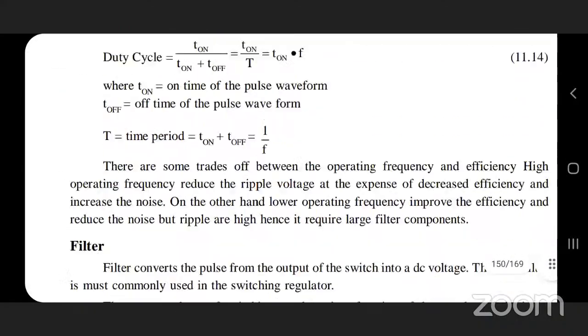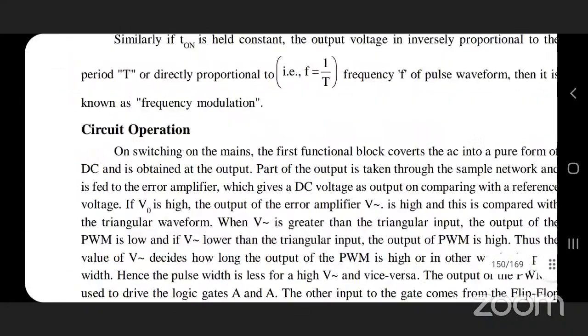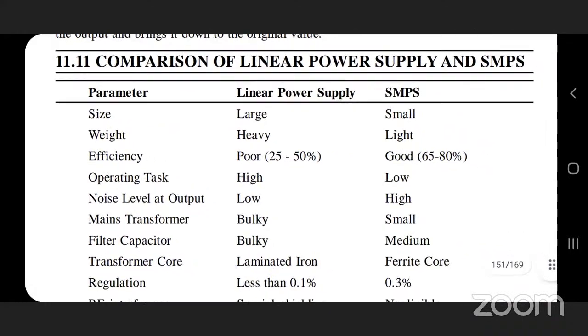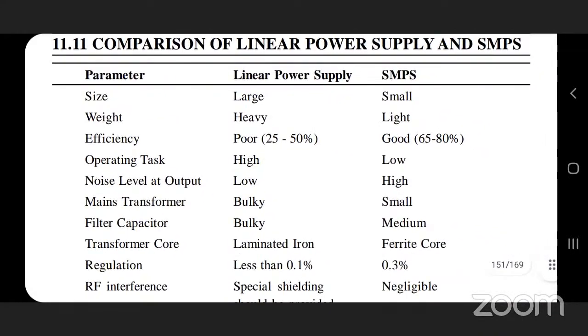And you need to read the theory of the SMPS and the comparison of linear power supply and SMPS. Size: linear power supply is large, SMPS small. Weight: heavy and light. Efficiency: poor and good.